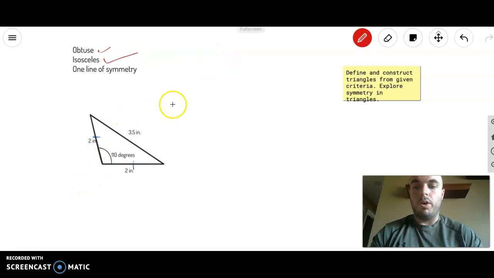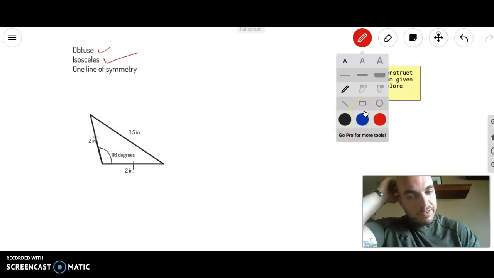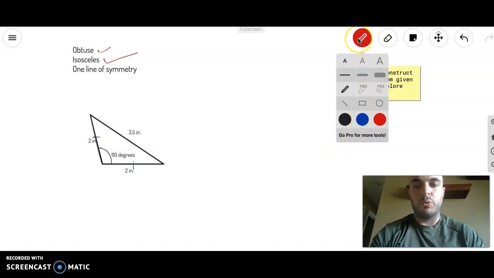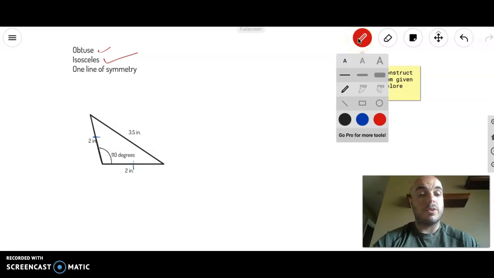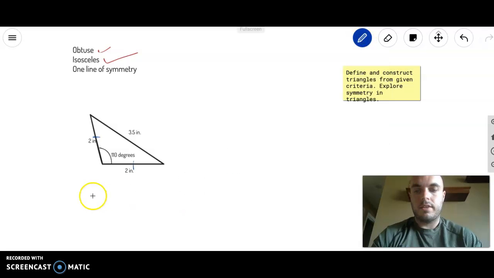And now I just need my one line of symmetry. Again, symmetry is just where you can fold it and make it equal. Now my triangle on this tool isn't exactly perfect, but if you had a ruler and a piece of paper, you could make this a lot more equal. Or if you had a grid, you could count out the squares. I do not on this. But if this was perfectly isosceles, like I'd want it to be, I could draw a line right down the middle here.